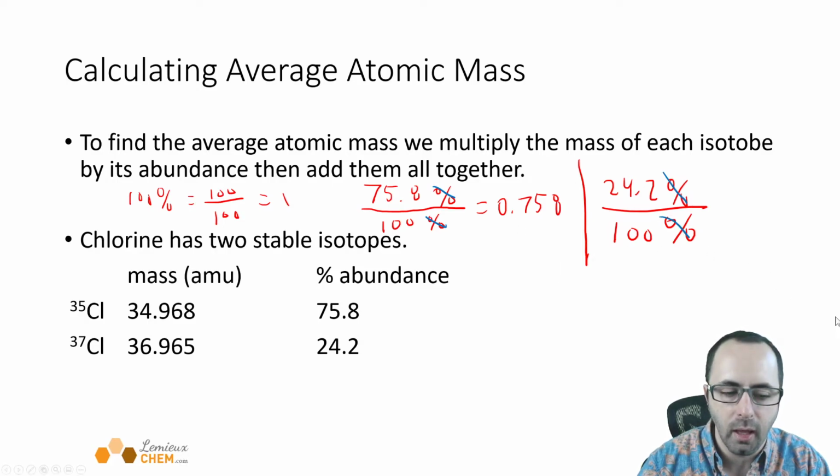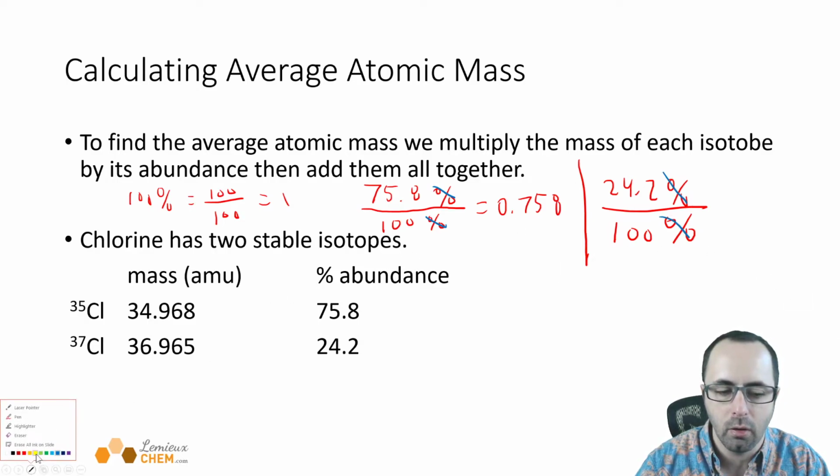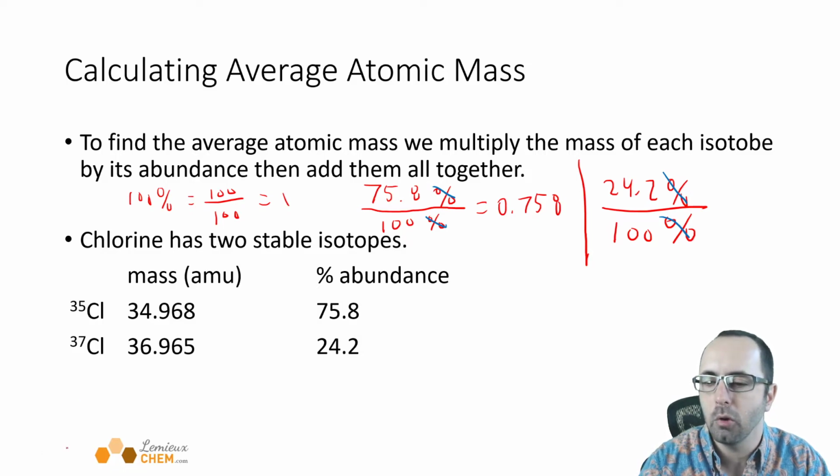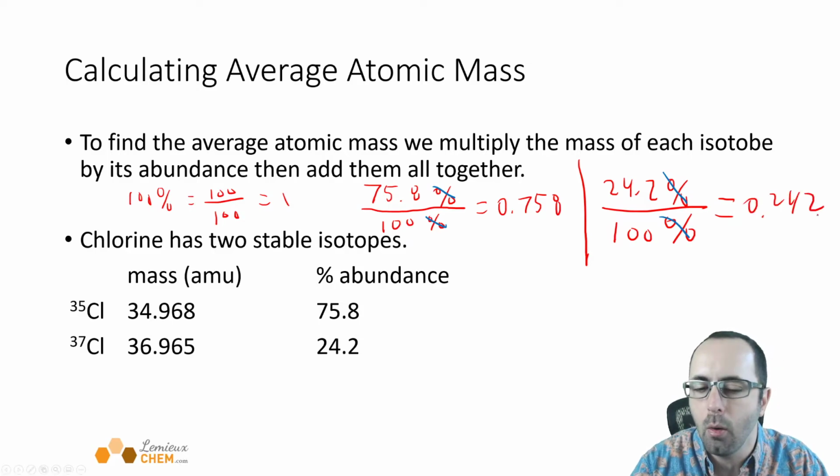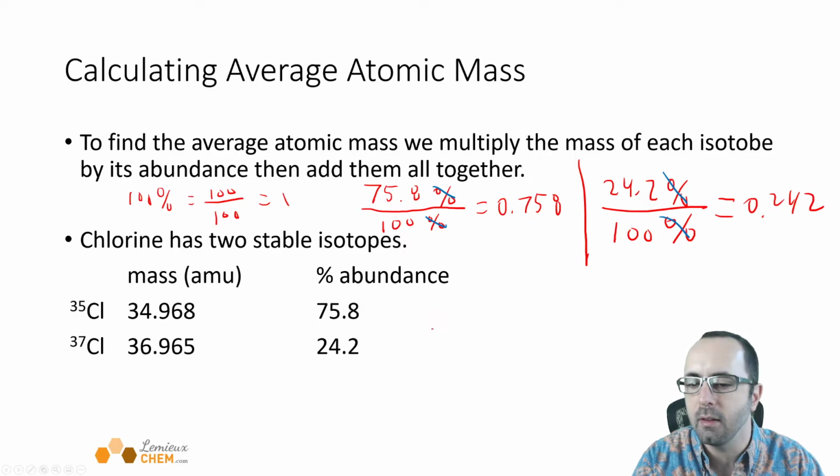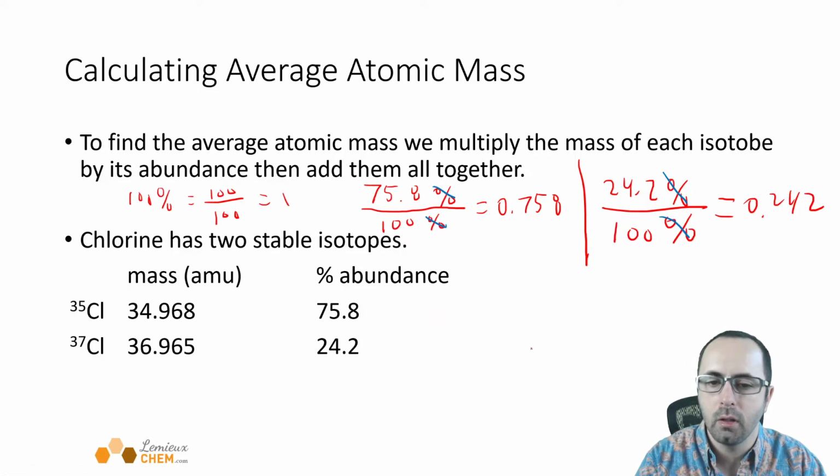And so then we get our fraction, or our decimal, really, number less than 1. So that is 0.242. And so now we have turned our percent abundances into abundances. And now what we're going to do is the mass of each isotope times its abundance.